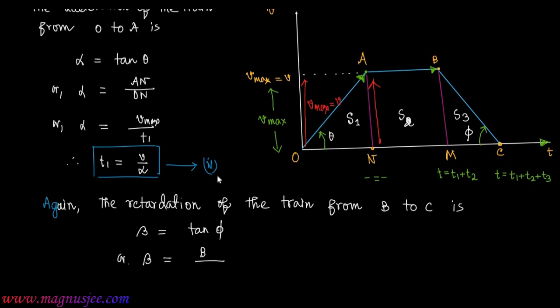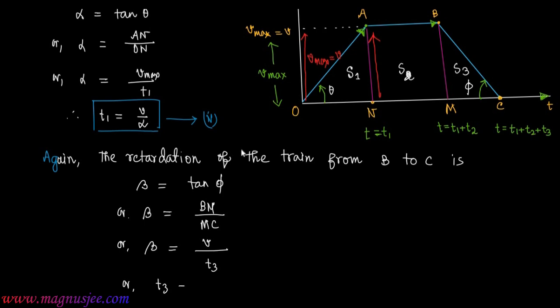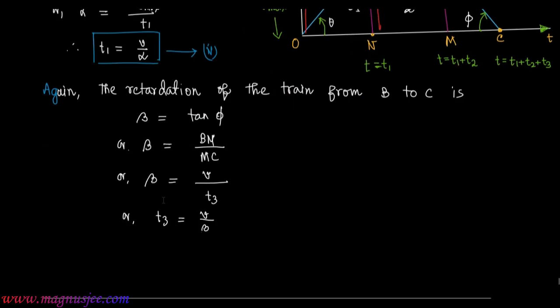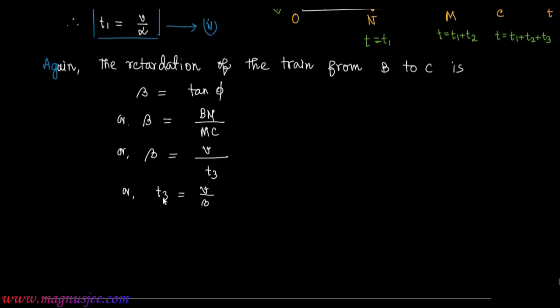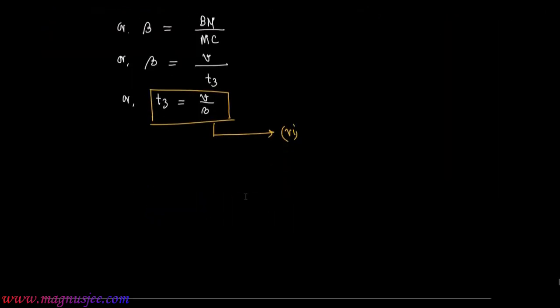So that is beta is equal to BM by MC, perpendicular BM by base MC. Putting the values of BM and MC, we get V by t3, or T3 is equal to V by beta, which is equation 6.